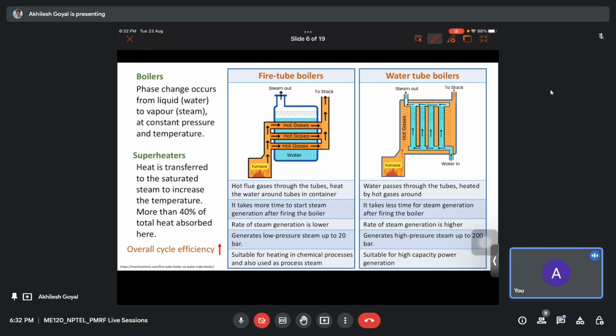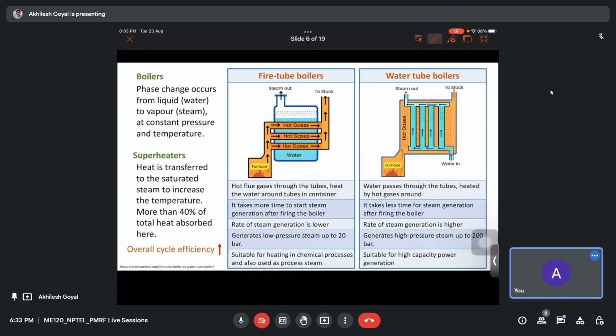And in the case of water tube boilers, the hot gases, the product of burning of fuel, flow around the tubes and the water flows through the tubes. So in the first case, the hot gases flow through the tube, and in water tube boilers, the water flows through the tubes and heat transfer takes place from the hot gases around the tubes.